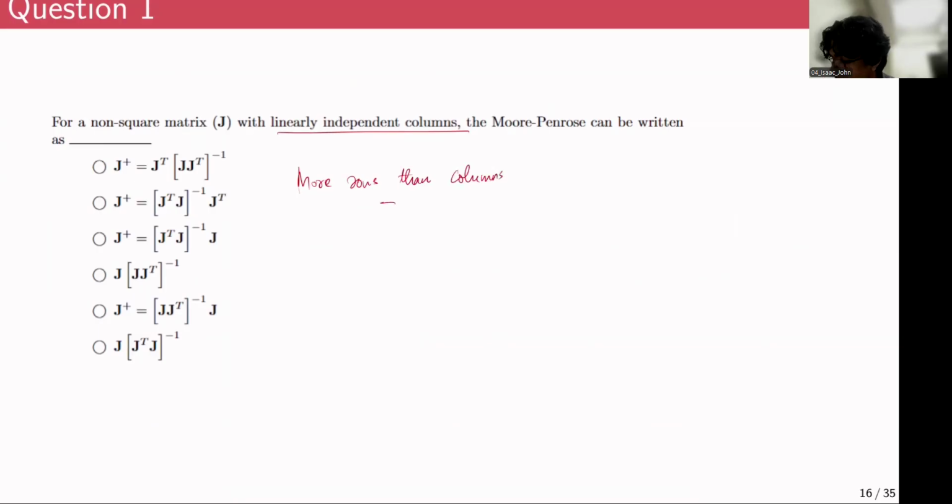Right? Your matrix would look something like this. It'll be a very tall matrix, M cross N matrix, where M would be greater than N. Right? Another way to look at this would be, this would be an overdetermined system of equations.